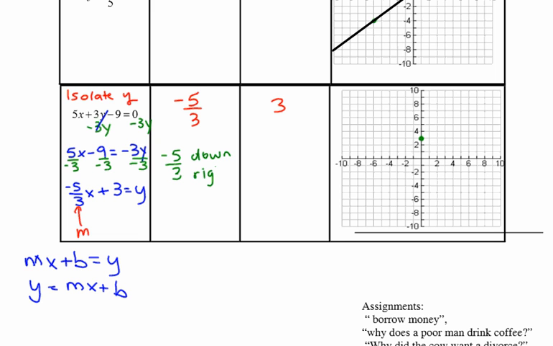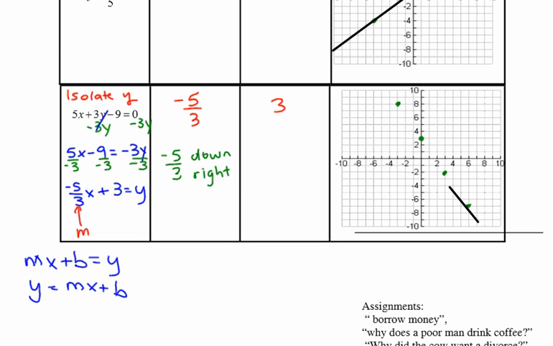So notice how I move the negative to the numerator so that we're always moving right. The bottom stays always positive. So down and right: 1, 2, 3, 4, 5 down, 3 right. Or 1, 2, 3, 4, 5 up, 3 left. And then grab your ruler and connect it.